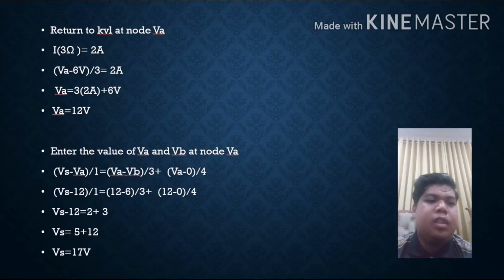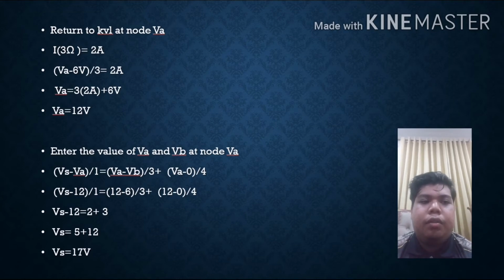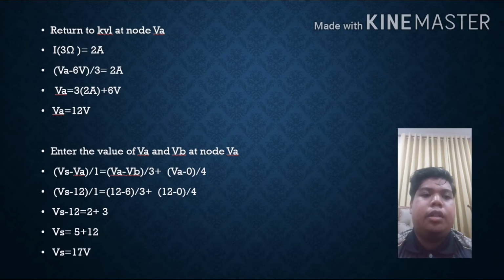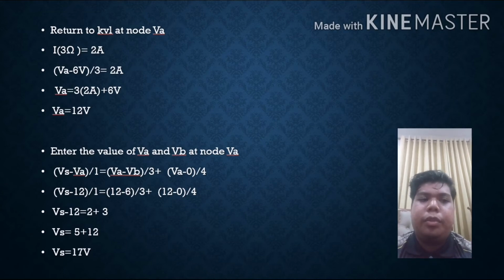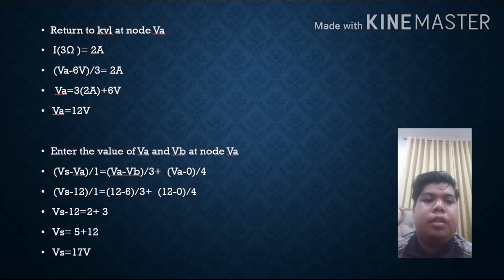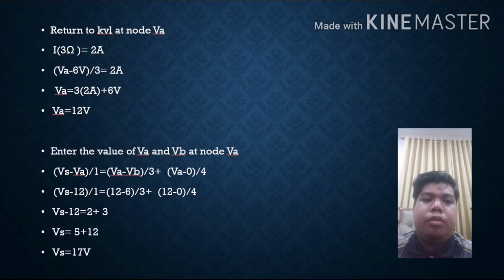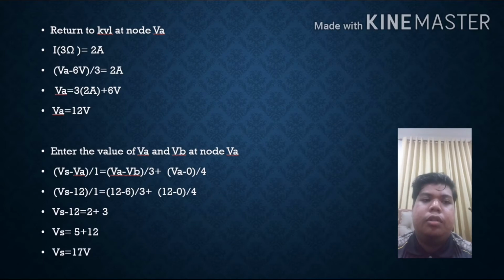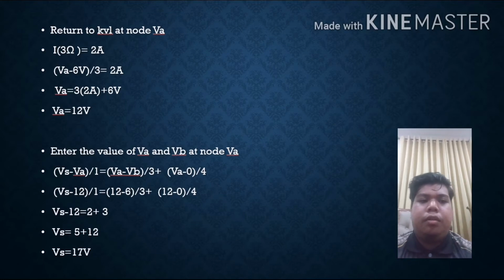Then enter the value of VB that we have calculated. So we will get the equation VA minus 6 volt per 3 equals 2 ampere. Then we do algebra. The final answer will be VA equal 12 volt, which is the voltage at node VA.